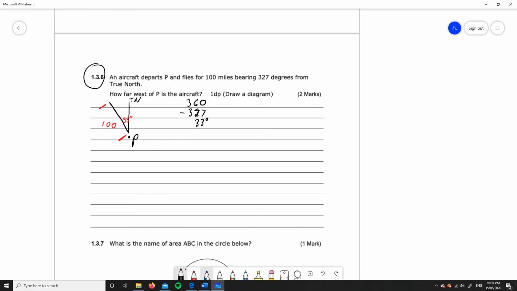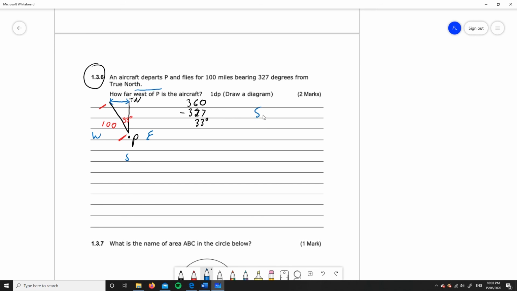Essentially what I'm trying to work out, as the question is asked, is how far west of point P is the aircraft. So north, south, east and west. So what I'm trying to do is calculate the length of that component there.